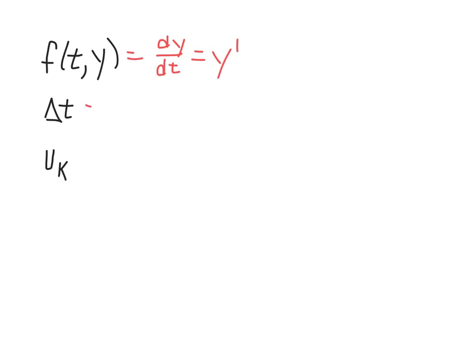Change in t is what they're calling a time step. So how far down the t-axis are we moving? Remember, this is our t-axis and this is our y-axis. Again, t is time, y is the unknown function. So the change in t is just going to be the time step. How far down the t-axis are we moving before we do another approximation?